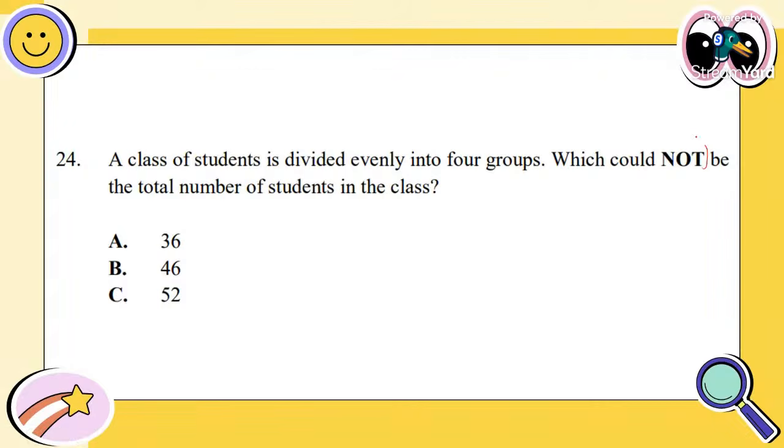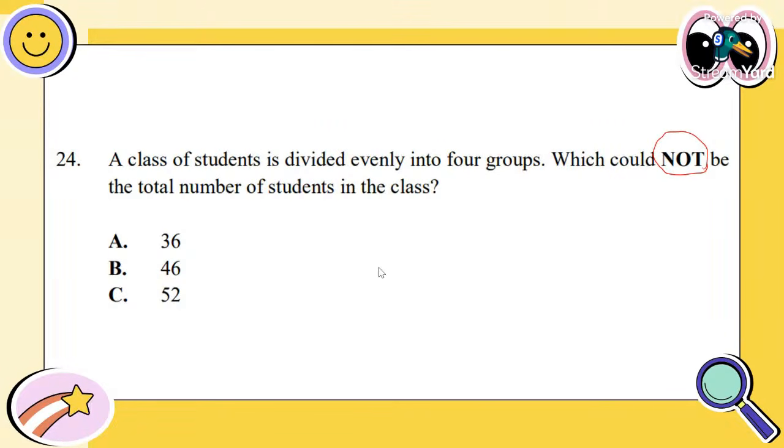I'll put a circle around it, because that reminds me that whatever answer I'm getting, it should not be that answer. So we are going to be looking for a number that we cannot divide into 4 equal groups.